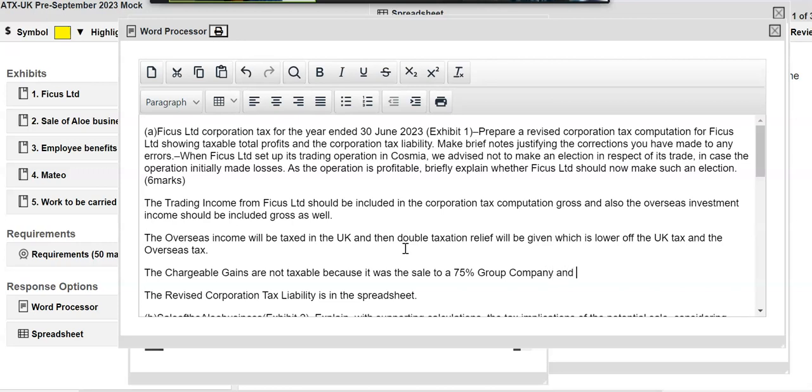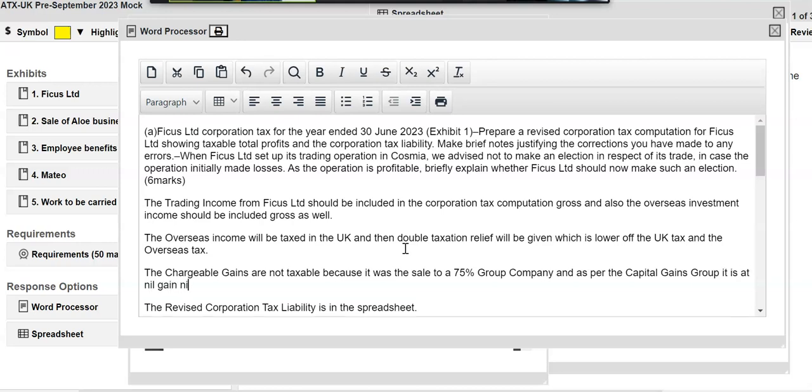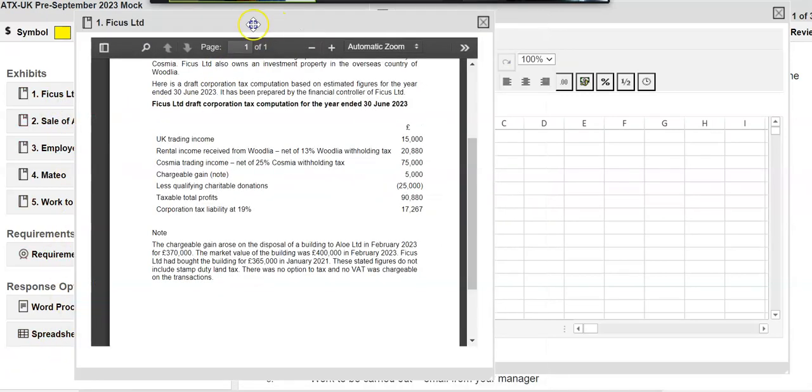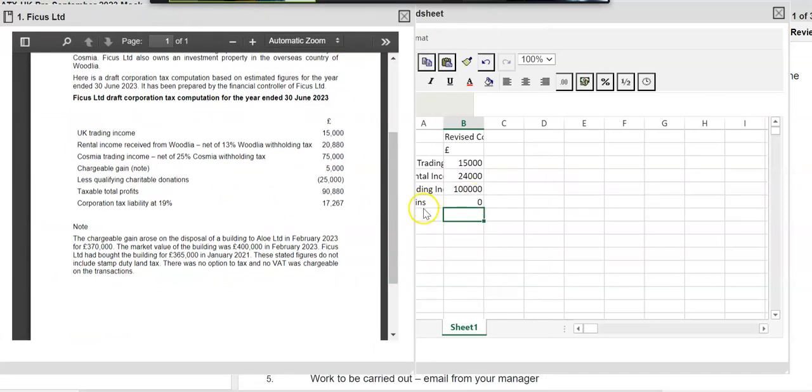And as per the capital gains group, it is at nil gain, nil loss. Okay, so that's a 0. You have to write 0. Done. So gains are 0. After gains, what are we having?